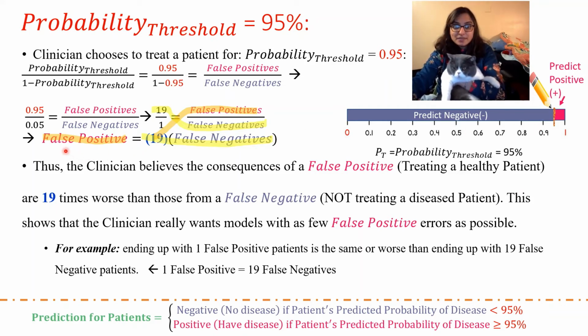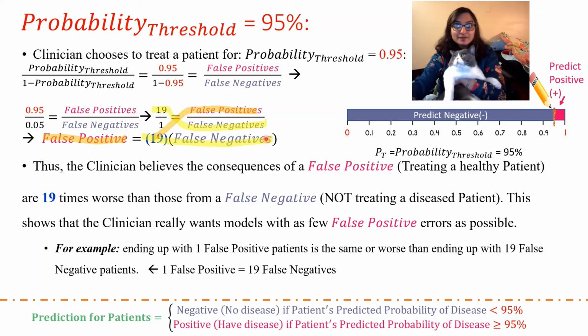So 1 false positive equals 19 false negatives. The clinician believes that the consequences of a false positive, of unnecessarily treating a healthy patient, are 19 times worse than those of a false negative, not treating a diseased patient. So again, the clinician really wants models with as few false positive errors as possible.